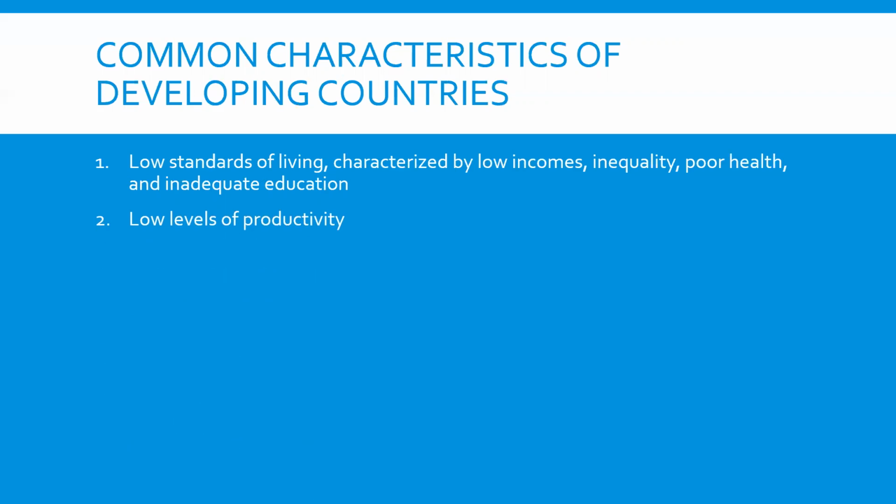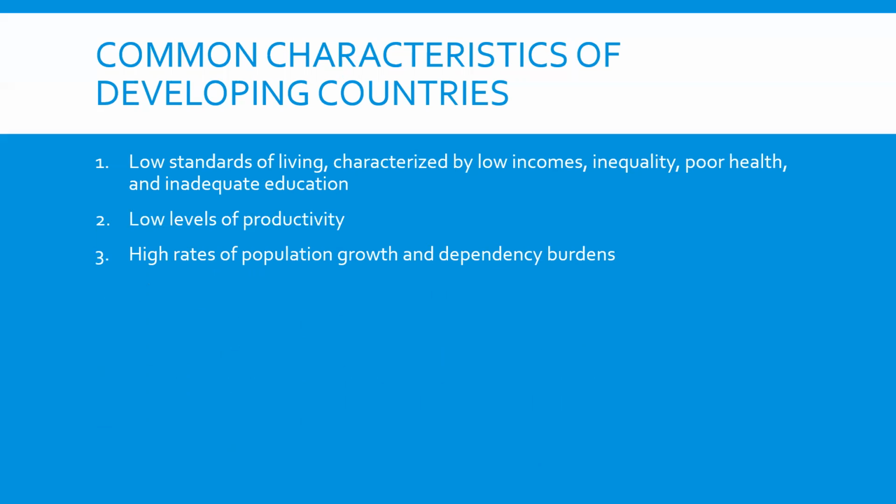Low levels of productivity, because remember, developing countries might have labor working with very little capital, so very little machinery and so on. So this makes it very difficult to be productive. In a lot of developing countries, the challenge is the population growing very, very fast, and the dependency burden growing fast as well.